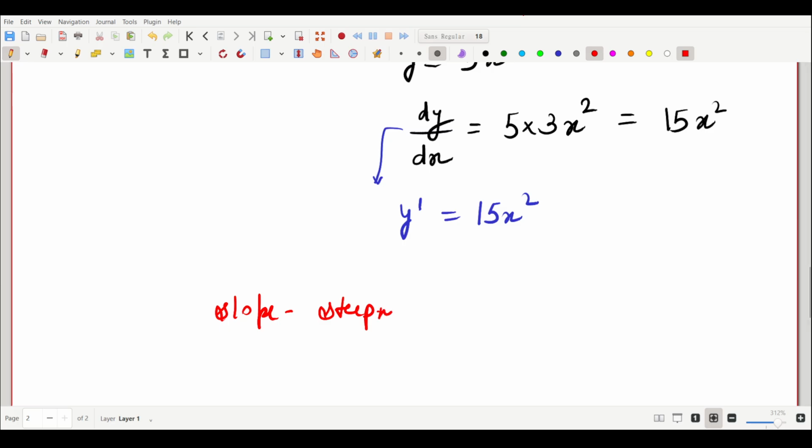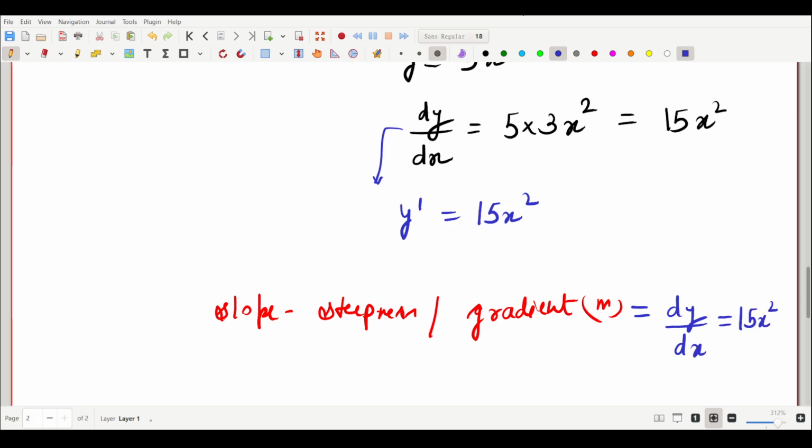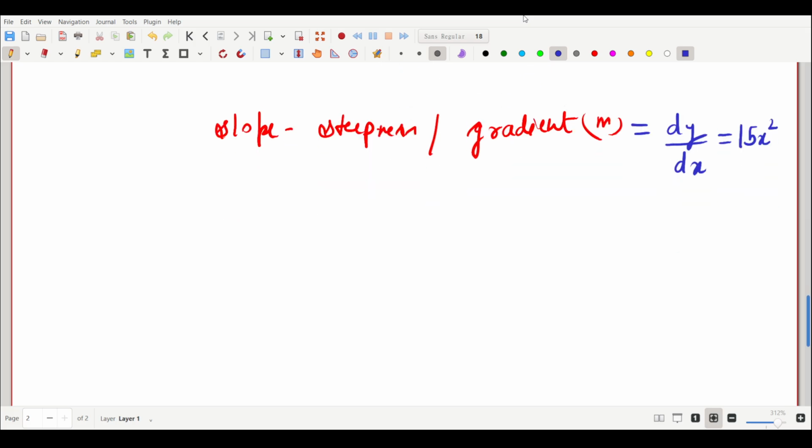They're also known as gradient, represented by small m. We have already seen them in coordinate geometry. Since slope and dy over dx are the same, the value of the slope now is 15x square.